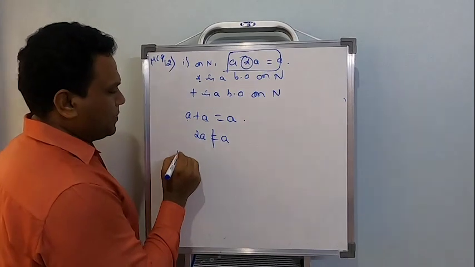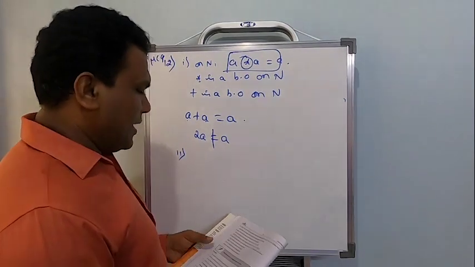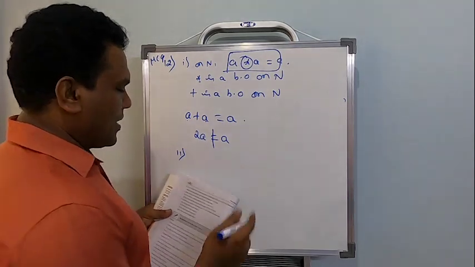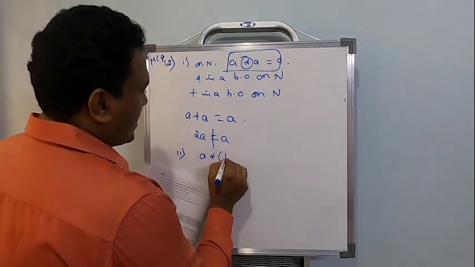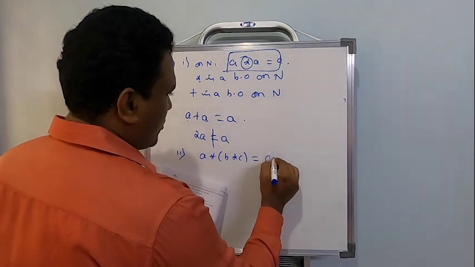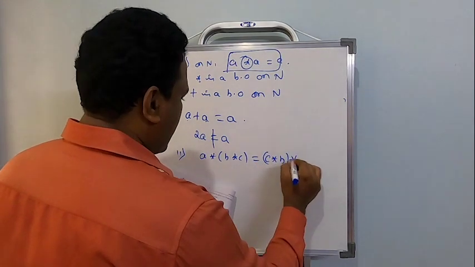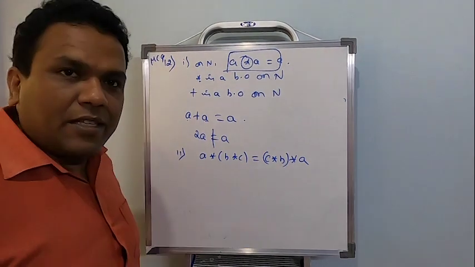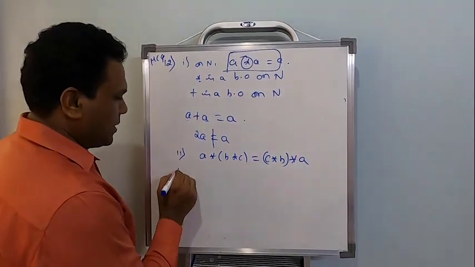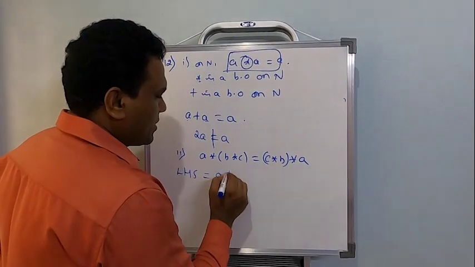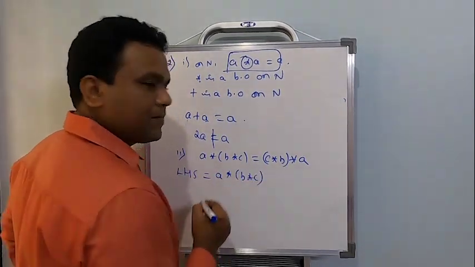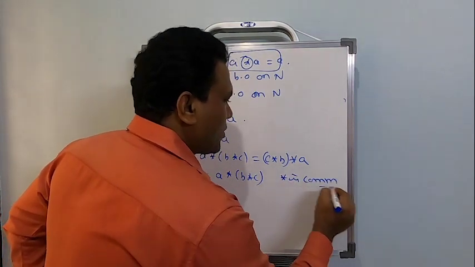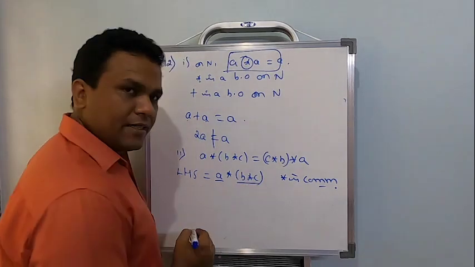Now, under the second one: if star is a commutative binary operation, then (A star B) star C is equal to (C star B) star A. We have to check whether this is true or false. Let me start with LHS. LHS is (A star B) star C. Remember, star is commutative, so I can interchange these two.